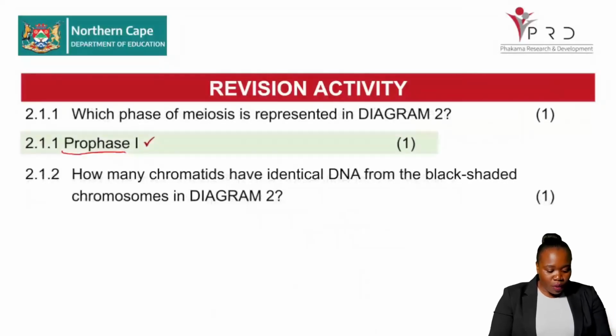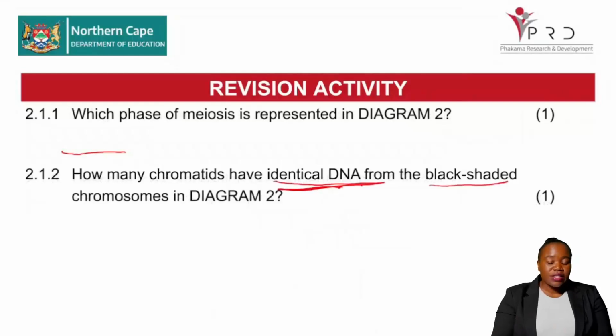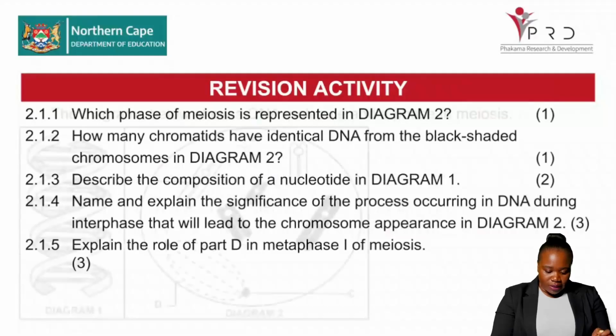Right, and then 2.1.2, how many chromatids have identical DNA from the black shaded chromosomes in diagram 2? Now let's have a look at the chromatids that have identical DNA, looking at the shaded black ones.